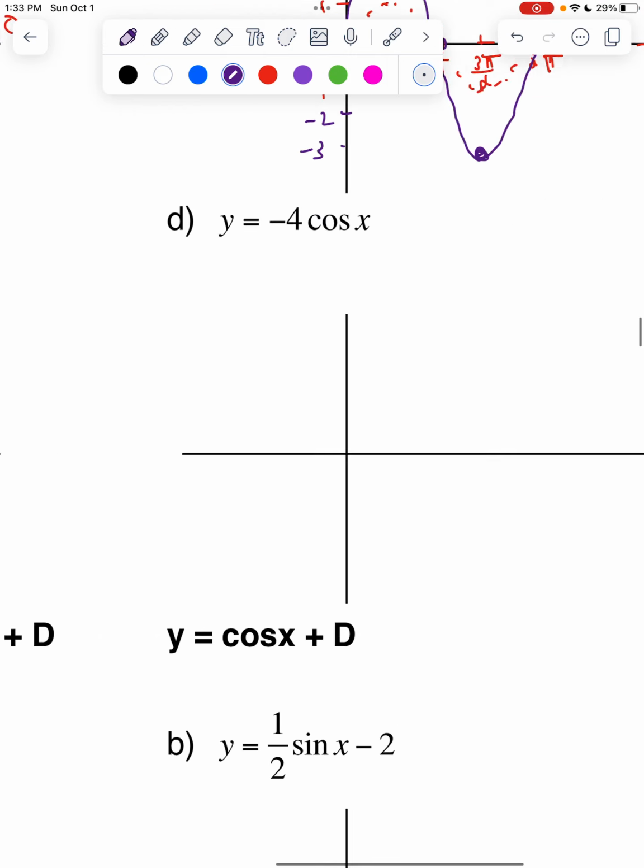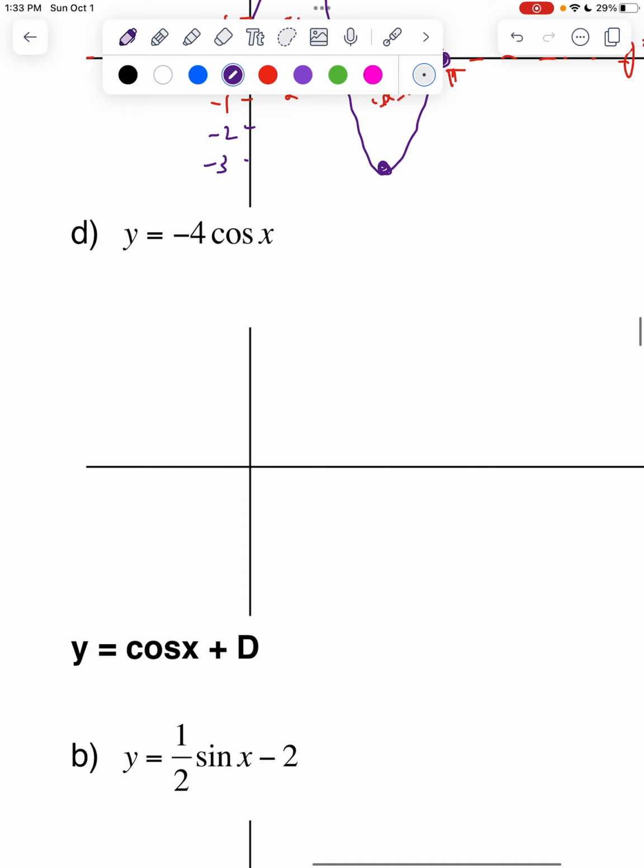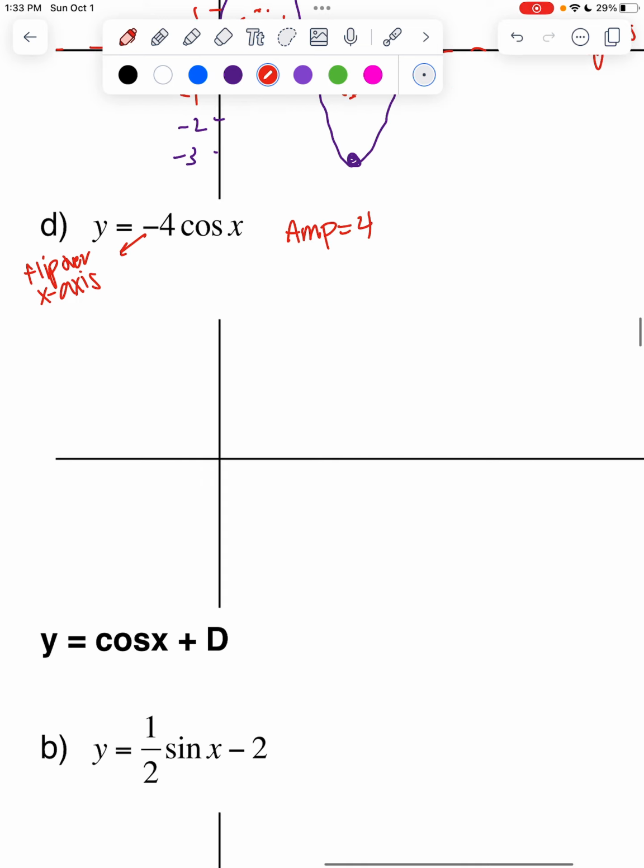Alright, for part D, you notice that there's a negative in front of that 4, so we are going to be flipping over the x-axis. And it looks like our amplitude is 4. So again, start by graphing your parent function.